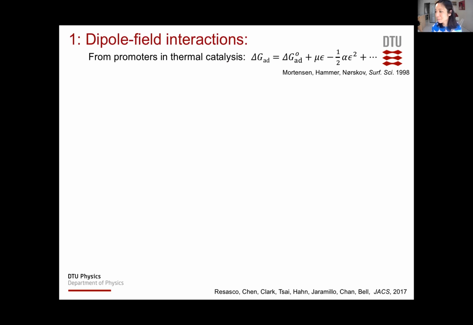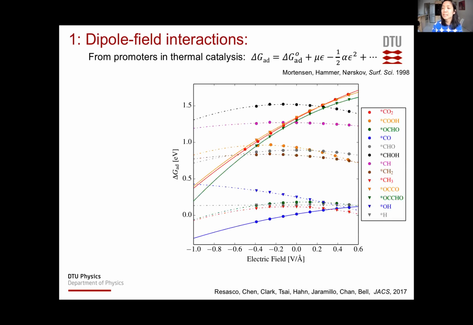So for dipole field interactions, we are also taking a playbook from the past, from thermal catalysis. We know from work in thermal catalysis on promoters that the adsorption energies of various polar adsorbates depend on field in a pretty predictable way, dependent on the adsorbate dipole and polarizability. And what is quite special about electrochemical CO2 reduction relative to some of the other hot processes out there for sustainable energy conversion is that some of the critical intermediates are quite sensitive to the interfacial electric field.